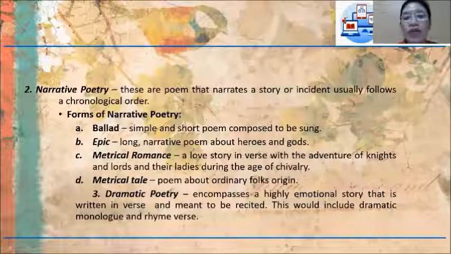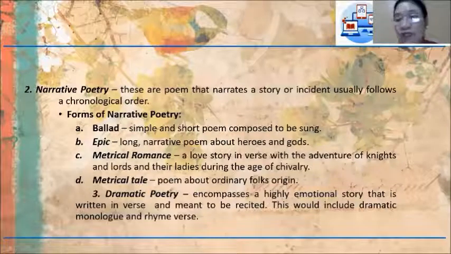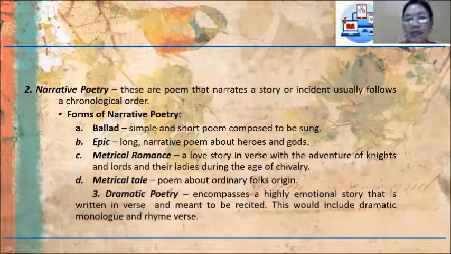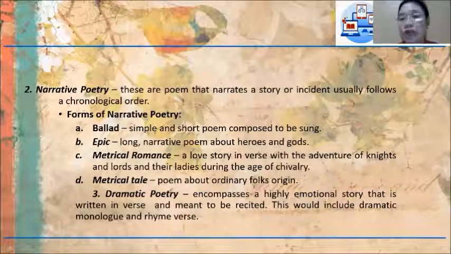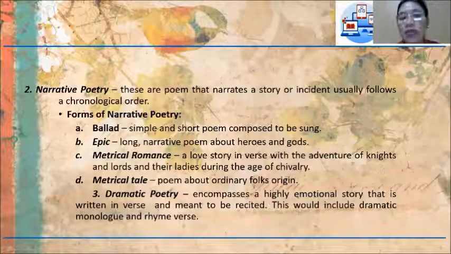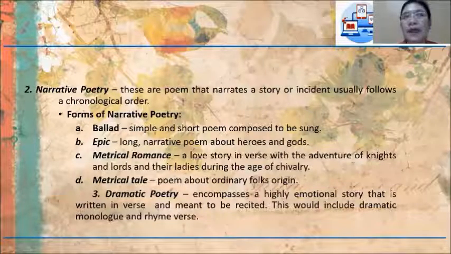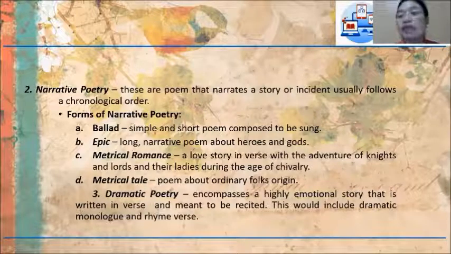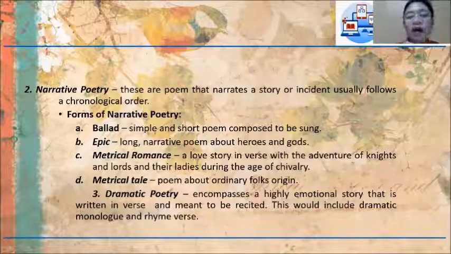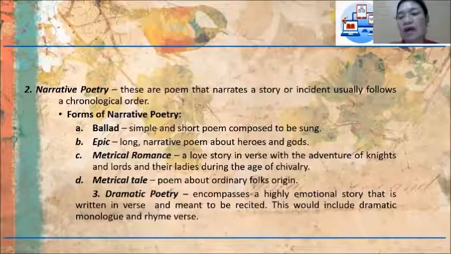When you say narrates, it tells, okay? It tells a story following a chronological order. When you say chronological order, it follows the correct sequencing of events from first to last. Which events come first and last.